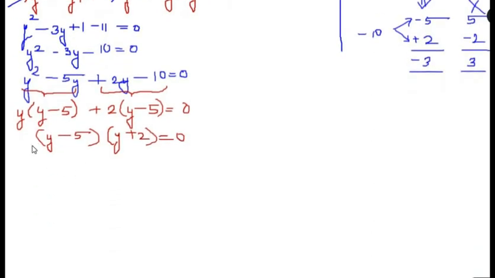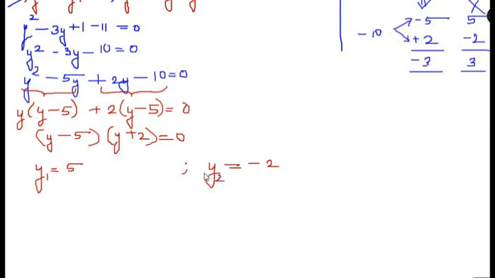So we get the value of y as y equal to 5. This is the first value of y, and the next value of y is y equal to negative 2, because y plus 2 equal to 0, so y equal to negative 2. This is the second value of y.